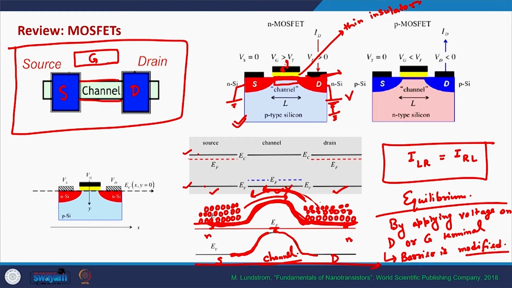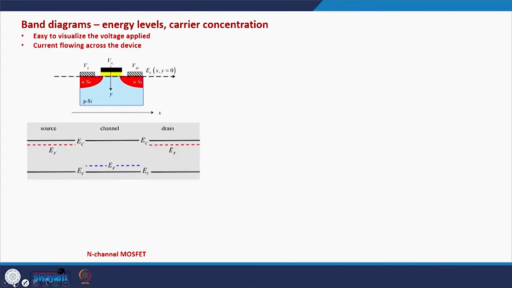Whenever the barrier is modified such that more electrons can go from one side to the other than come back from the other side, there is an imbalance between the left flow and the right flow, and net current flows in the device.